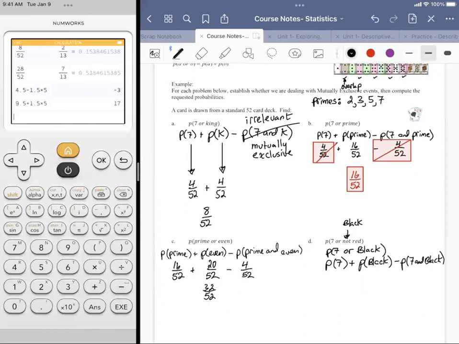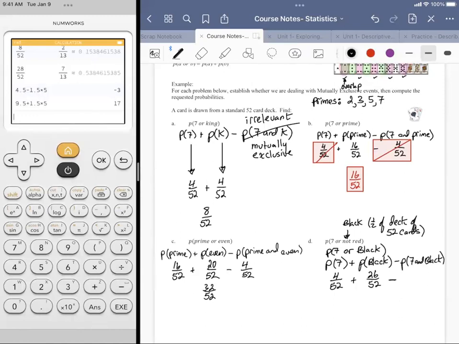All right. So we know that there's 4 cards in the deck that are 7s. Half of the deck, half of the 52 cards, would be black. So that's 26 cards in total.